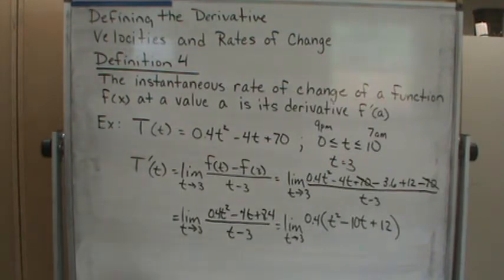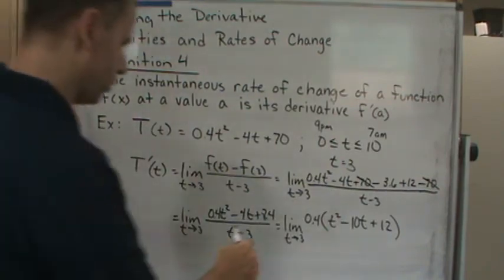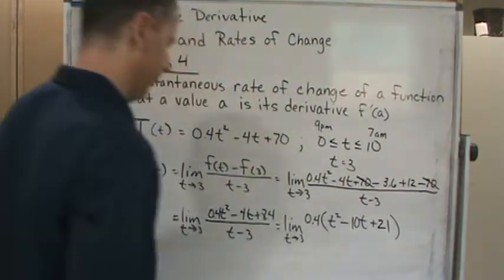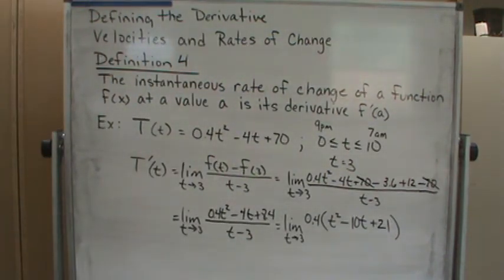Oh, hold on a second. 21, not 12. 21, right? 10t, so 4 divided by 0.4 is 10. Okay.